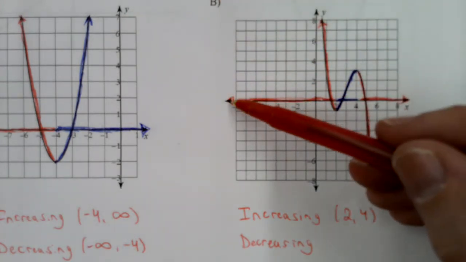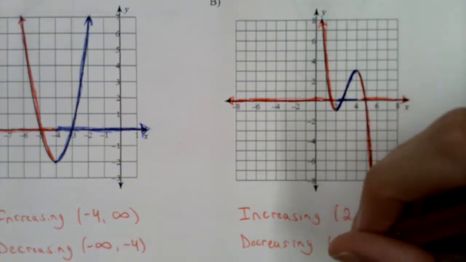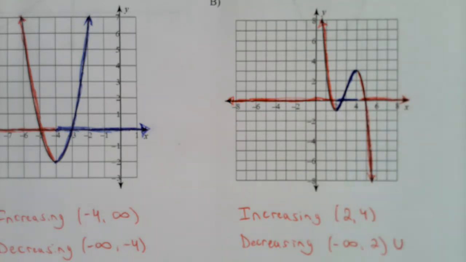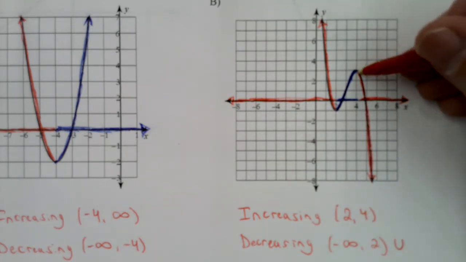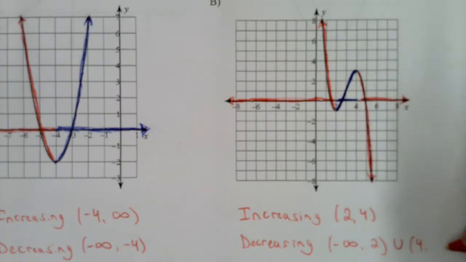So it's decreasing from negative infinity all the way up to 2 on the x-axis. Then you're going to put this symbol for union because it's also decreasing from 4 to infinity on the x-axis.